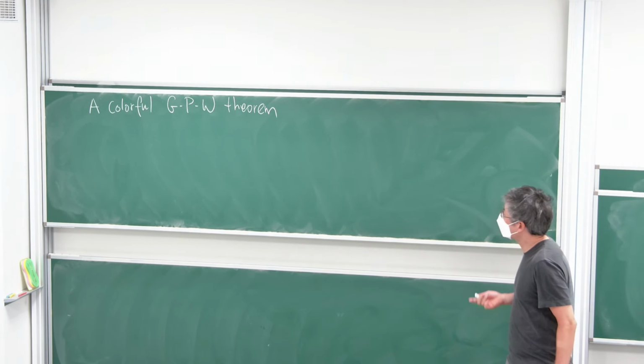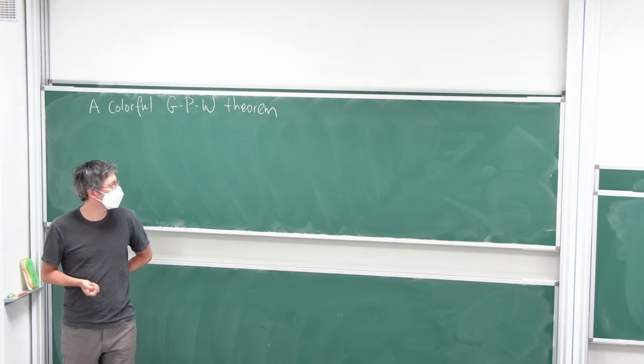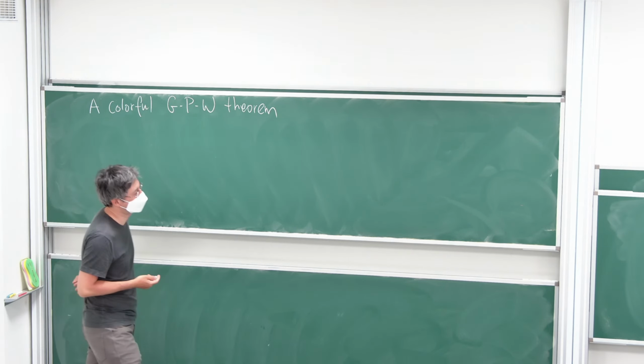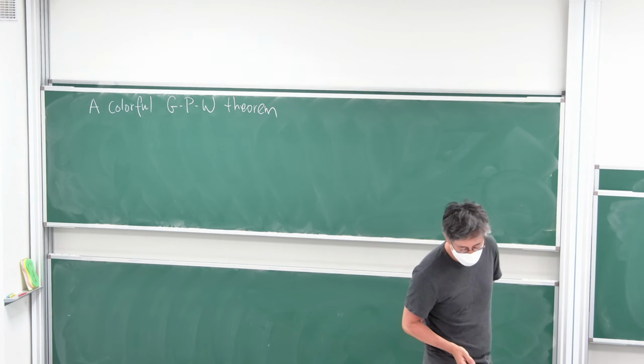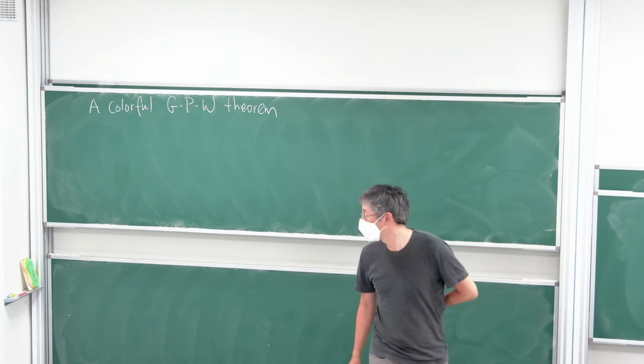And actually, this was a problem that I heard maybe in 2003 for the first time, at least a version of this. I couldn't solve it, and then somebody made some partial progress, and then various things happened.